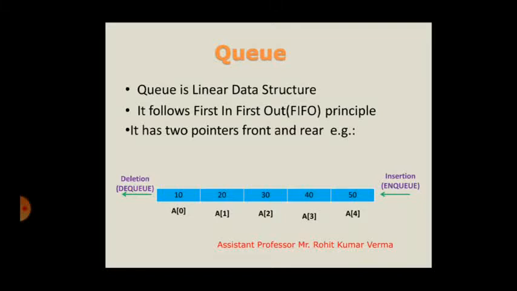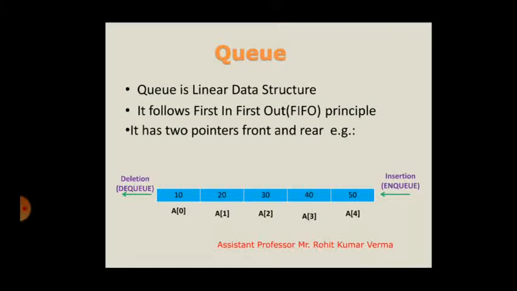So dear students, right now we are learning the basic operations of a queue. The first operation is NQ, which is used to add an item into the queue. Second one is DQ, to remove an item from the queue. Third operation is the peek operation, which is used to get the element at the front of the queue without removing it.